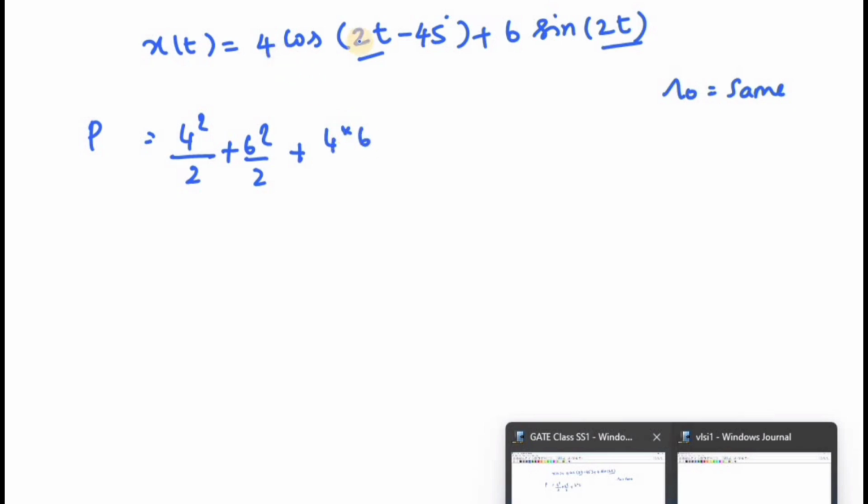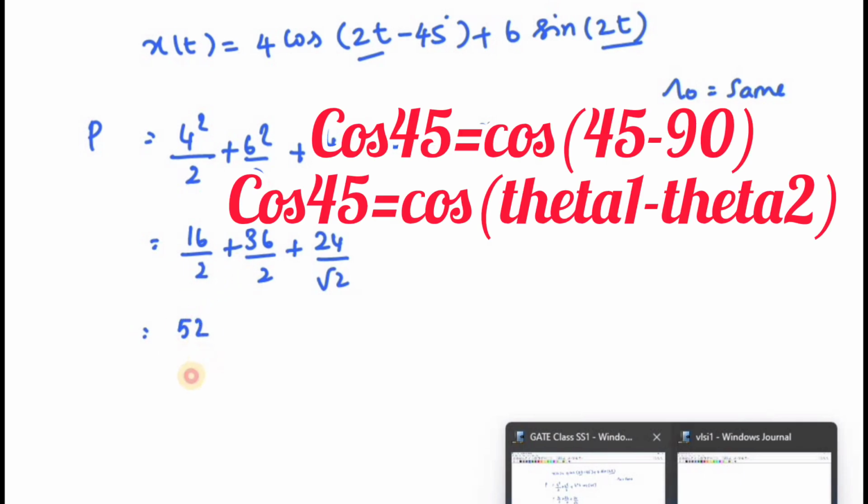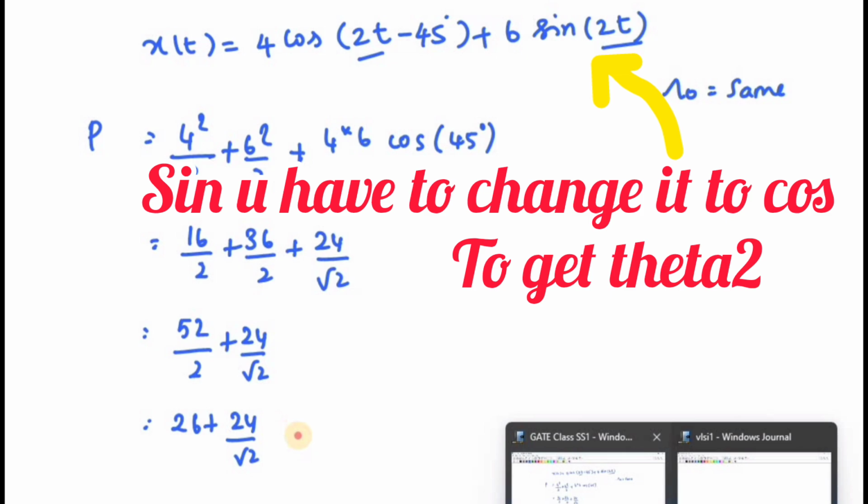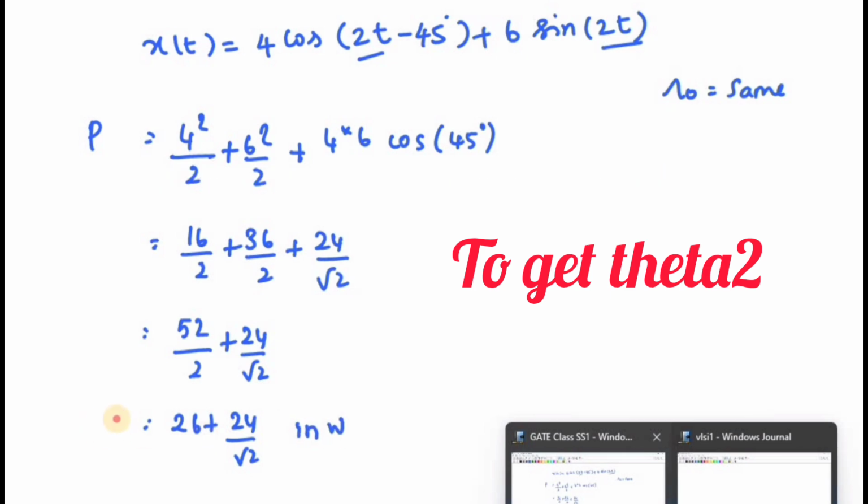You have to add 4 into 6, this amplitude into this amplitude, cos 45 degree. So this is nothing but 16 divided by 2 plus 36 divided by 2 plus 24 divided by root 2. So you will get 52 divided by 2 plus 24 divided by root 2, that is equal to 26 plus 24 divided by root 2 in watts.